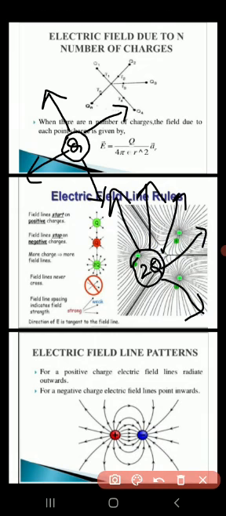That means the more the charge, the more will be the electric field lines, and hence it indicates that if the charge is more, the strength of electric field is also more.